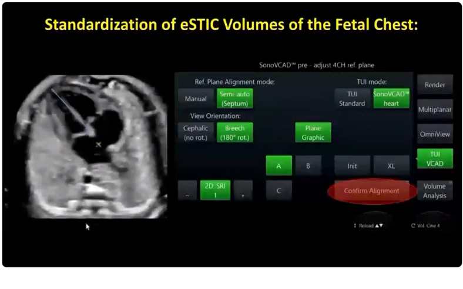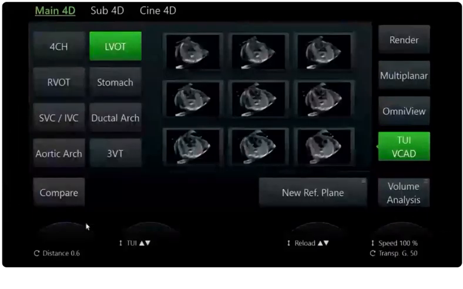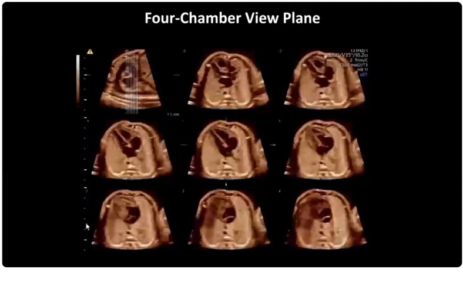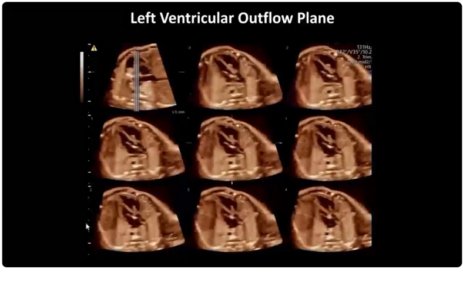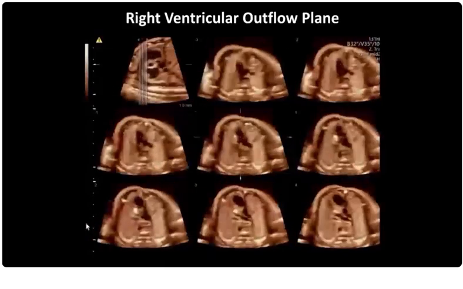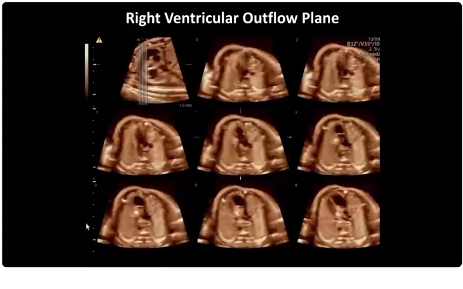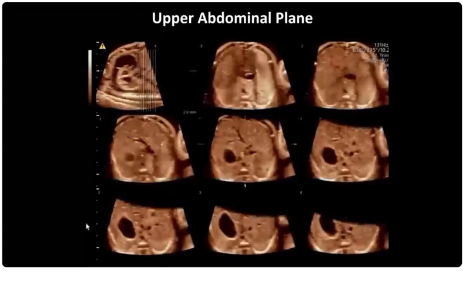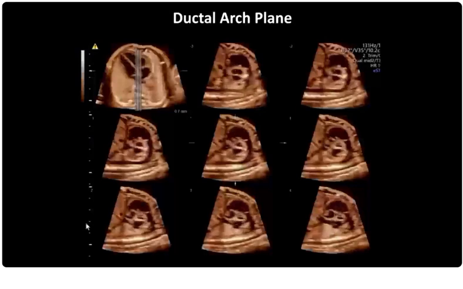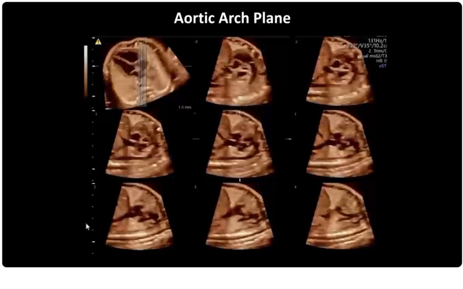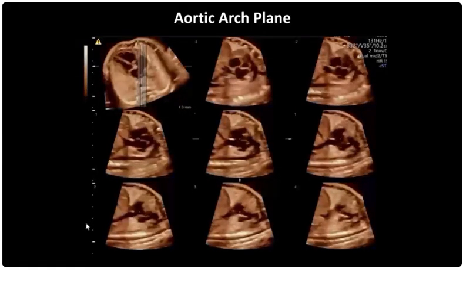Then you have the whole package called SonoVCAT that can help you retrieve the diagnostic images, such as the four-chamber view, the left ventricle outflow tract view, the right ventricle outflow tract view, the situs view, and the sagittal planes, such as the bicaval plane, ductal arch plane, and the aortic arch plane, automatically from the volume that you acquired.